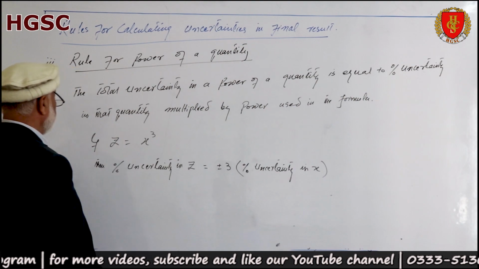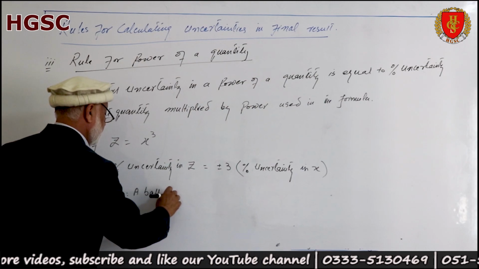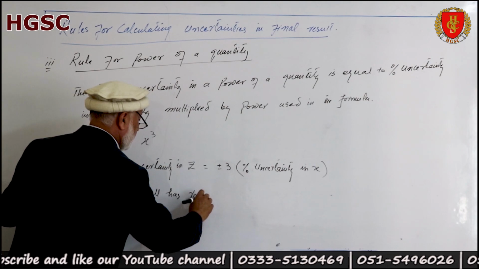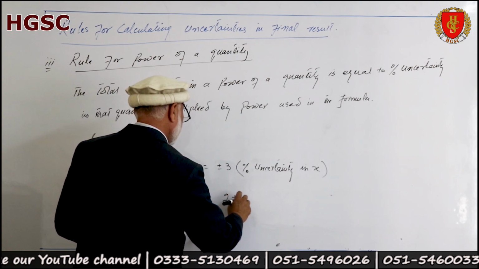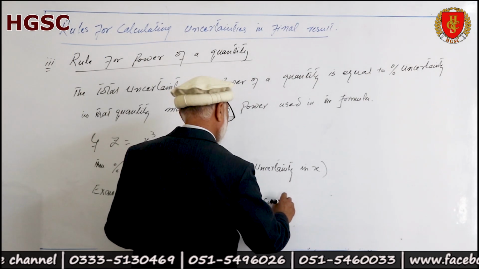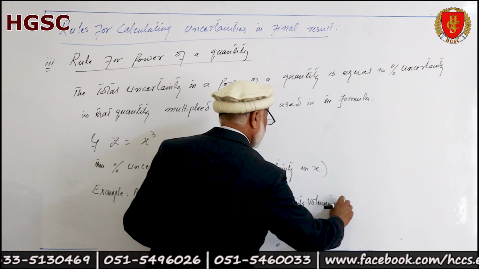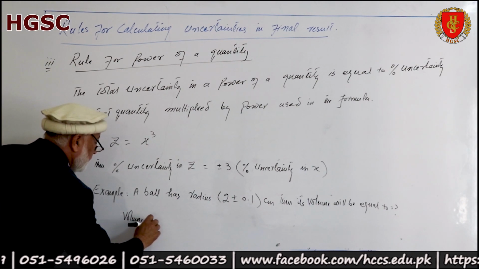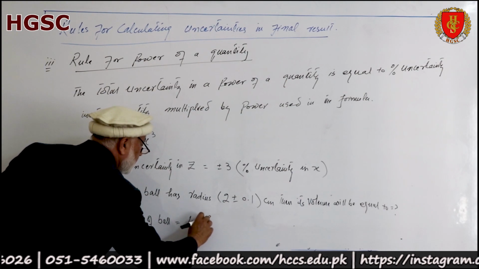For example, a ball has radius 3.2 plus minus 0.1 centimeter, then its volume will be equal to, volume of ball is given by 4 by 3 pi r cube.